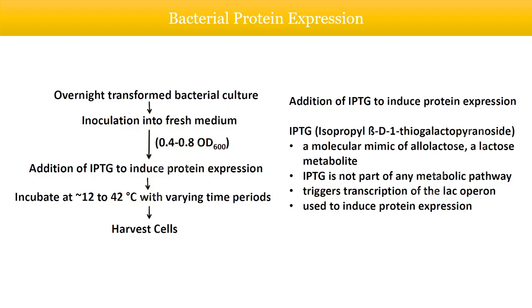After induction with IPTG, you need to incubate it, depending on how fast or how slow your protein grows. Depending on that, you can fix a time and temperature, and grow it for that specific time and temperature. Then you need to pellet down the cells, centrifuge the cells, and harvest them.